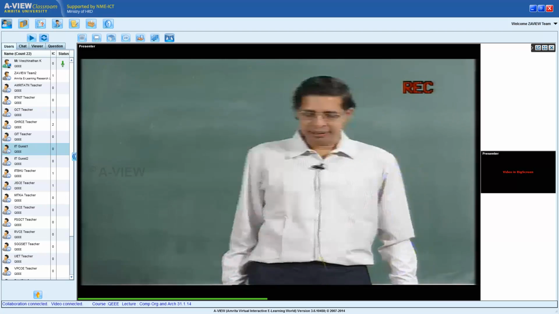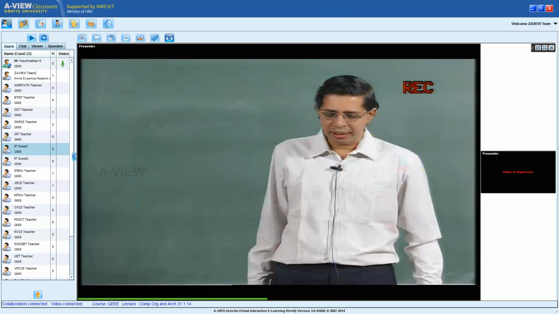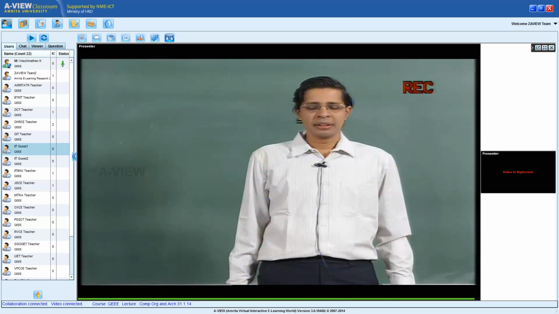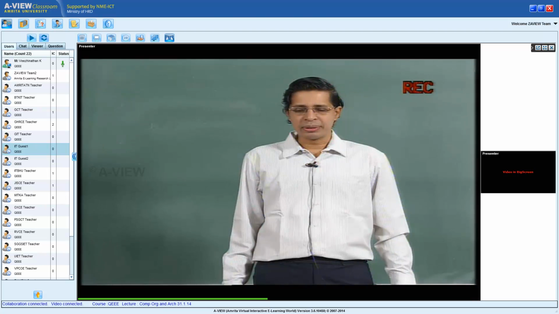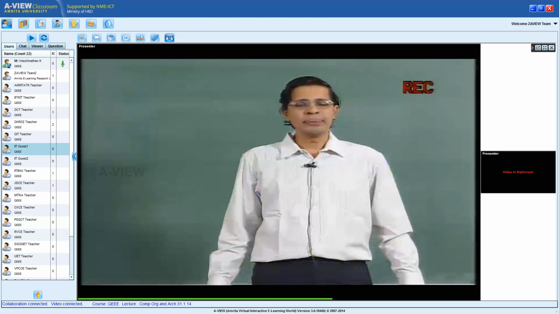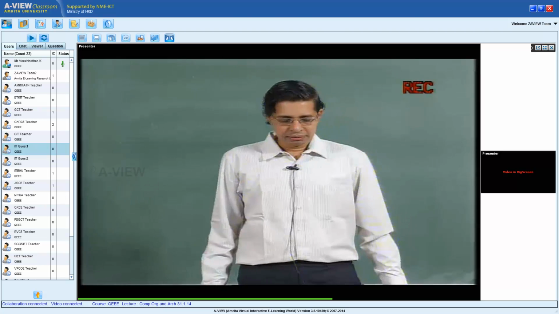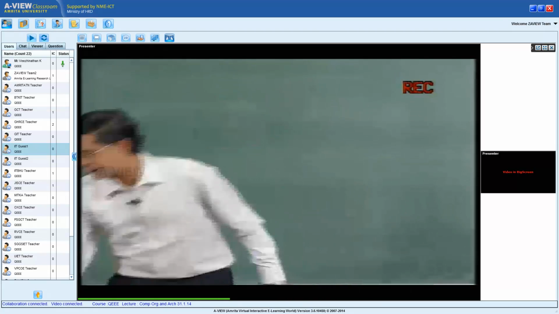In this class we will go to a little higher level of abstraction. We will cover what we mean by a functionally complete set of gates.